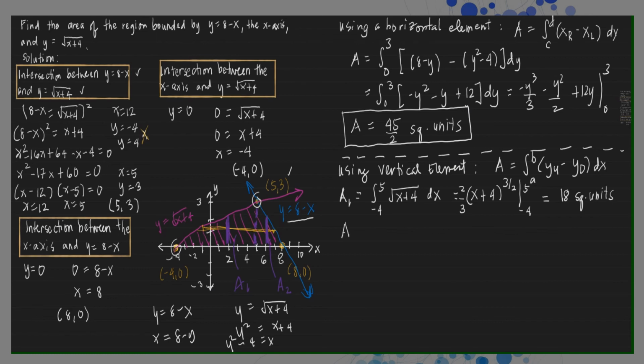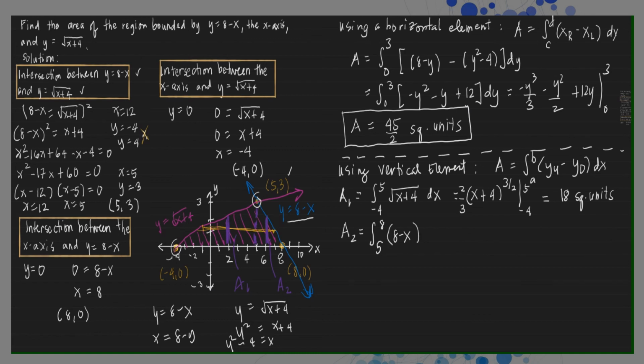Now, we need to get A2 as well, and this time the region would have the leftmost x-coordinate as 5 and the rightmost x-coordinate as 8. So the region ends at the point (8, 0). Therefore, our upper limit is 8. Now, y up will be 8 minus x, while y down is again the x-axis, whose equation is just 0.